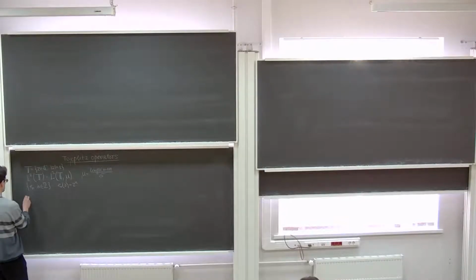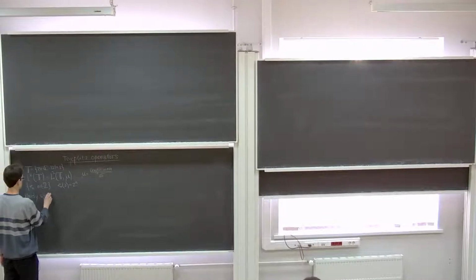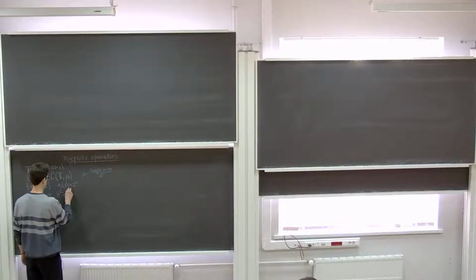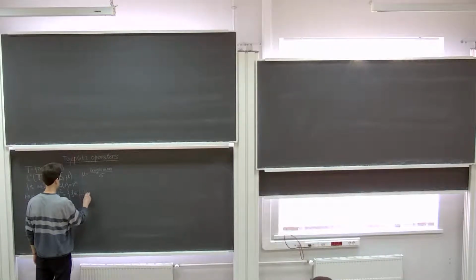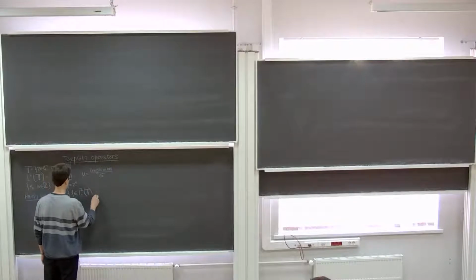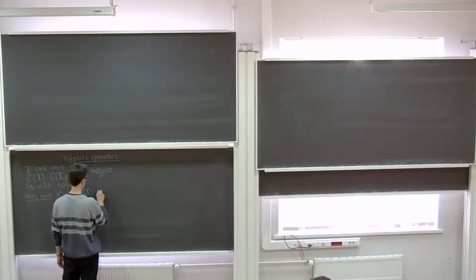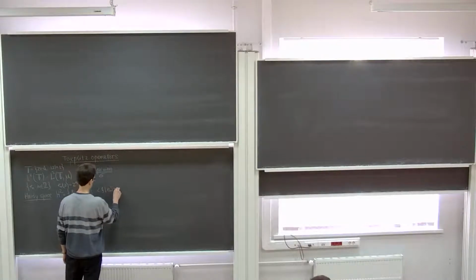We introduce the Hardy space. The Hardy space on the circle. By definition, this is a closed vector subspace in L2, which consists of those functions on the circle whose negative Fourier coefficients vanish.